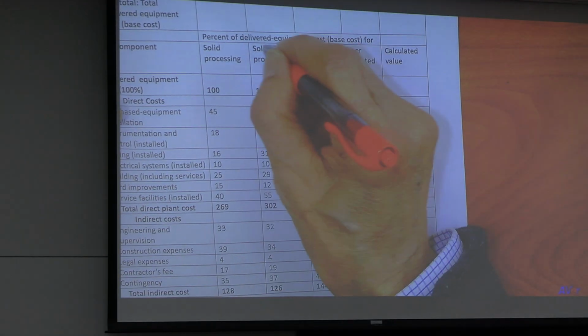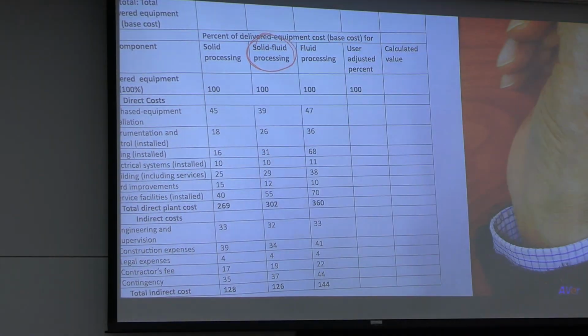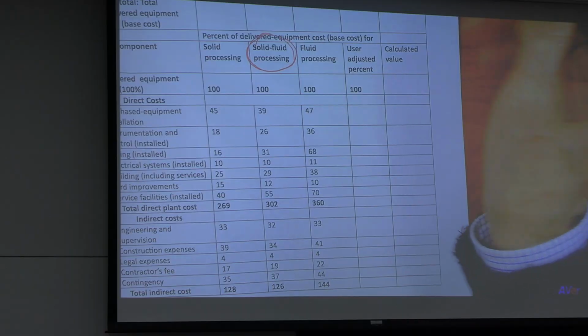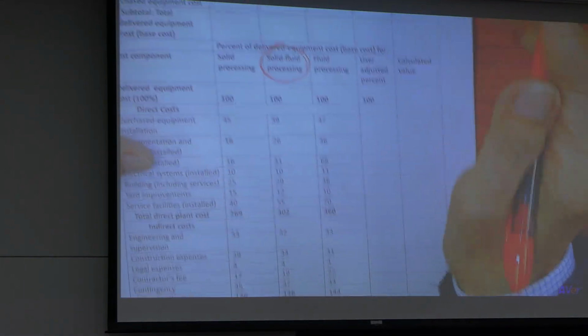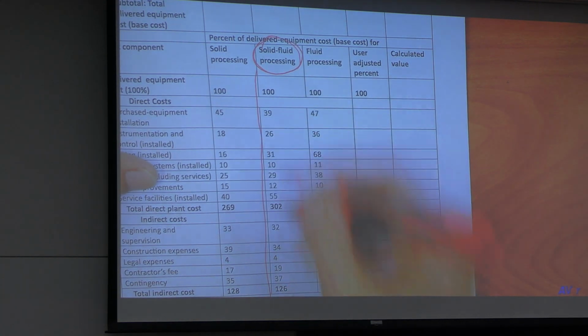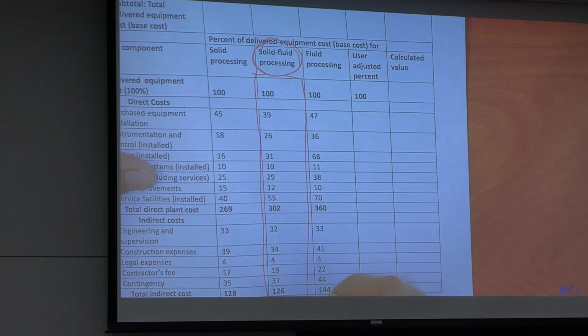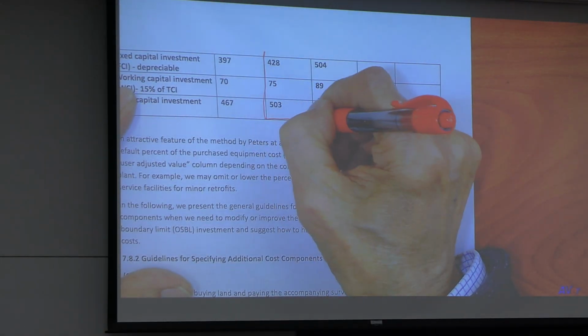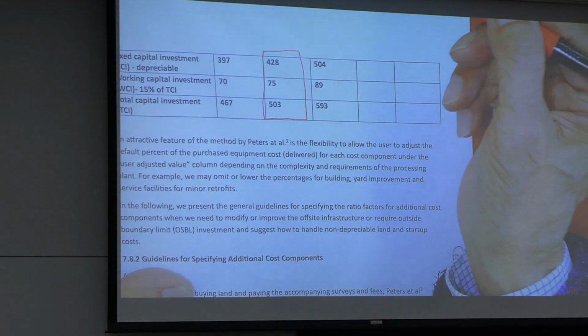And then, solid-fluid processing. This is the recommended percentage for the whole plant.